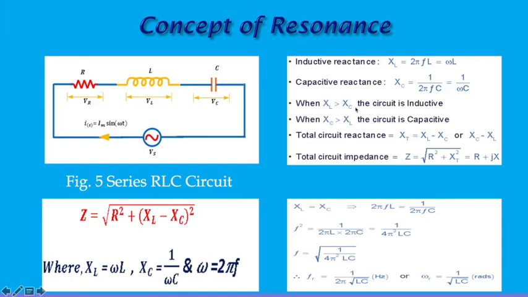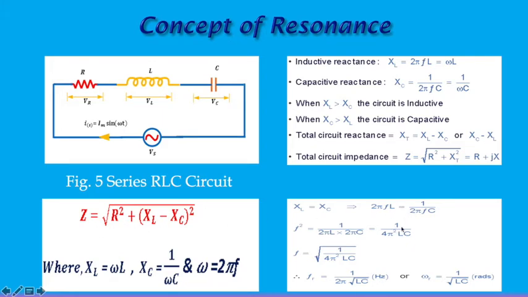So when XL is greater than XC, this is inductive nature. When XC is greater than XL, this is capacitive nature. But when XL equals XC, this is called the resonance. In a series circuit, to find the resonance frequency F, let us calculate it. So XL equals 2 pi FL and XC equals 1 by 2 pi FC.